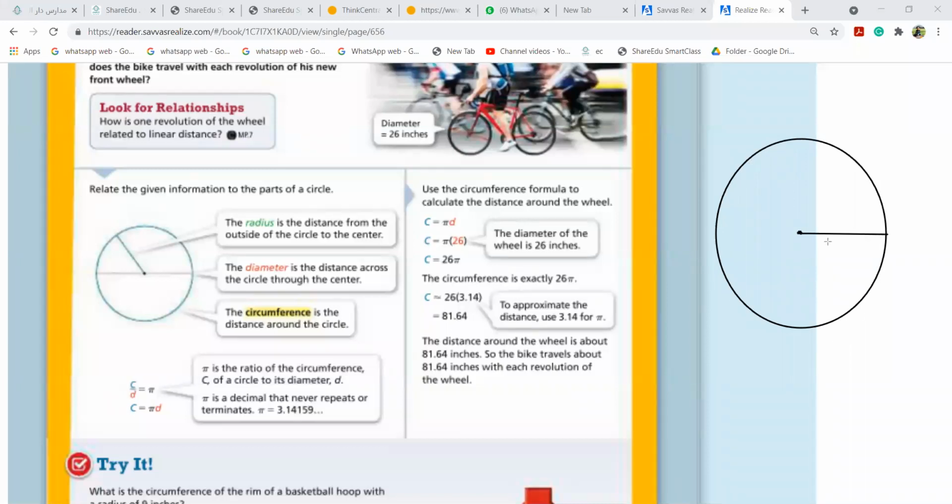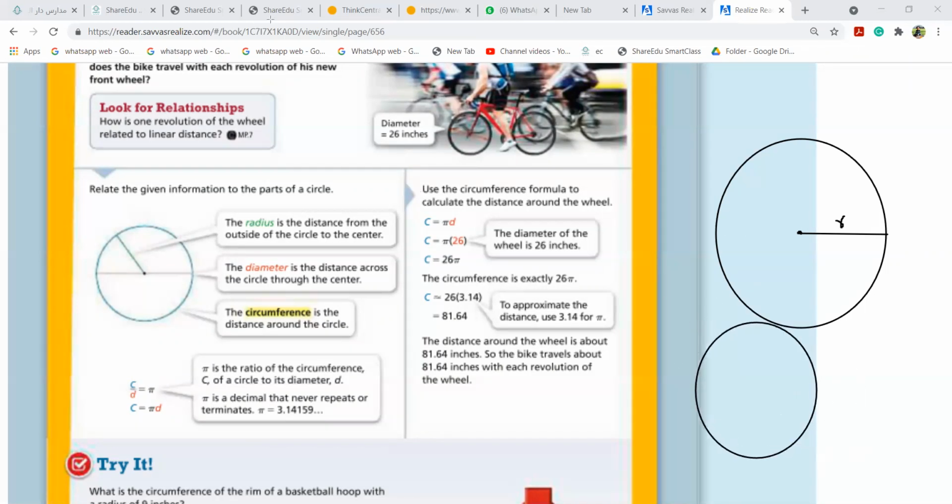And if it is a straight line across, anyone who knows what this is called? This is not the radius. This is called diameter. The whole thing is called diameter and this is called the radius. The radius is usually written as R. If you want, you can draw it, girls.